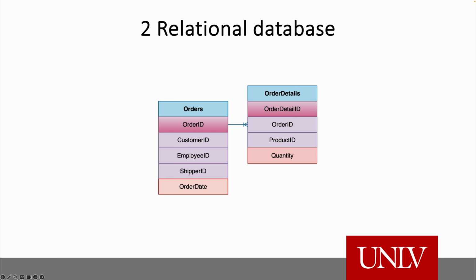This table connects to multiple others with many-to-one relationships, like one customer, one employee, or one shipper can be linked to many orders. The order details table connects orders and products in a many-to-many relationship. It has foreign keys to both orders and products. The quantity column shows how many units of each product were ordered.